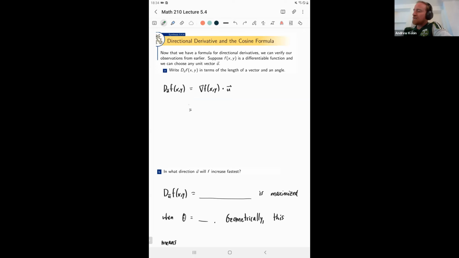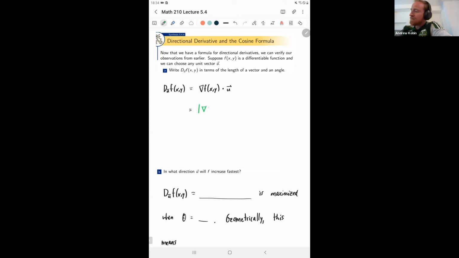So we learned a few slides ago that the directional derivative can be computed by a dot product of the gradient vector nabla f at that point, dotted with that unit vector u. And if you remember from the dot product section in this chapter, the dot product between 2 vectors can be computed in terms of the angle of the vectors as follows.